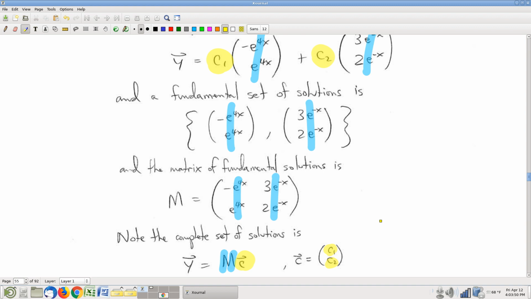So this is a very compact way to write the exact same thing. That's why this fundamental matrix is handy. It allows us to write that span up there as simply a matrix vector product. It's just a shorthand. It's kind of convenient. Whatever. Okay, everybody on board with that?